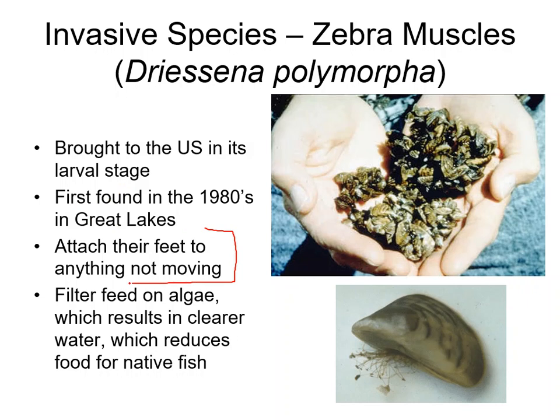And they basically park themselves on any solid, non-moving surface, and they filter feed and reduce other available food sources for fish and amphibians and crustaceans and other mollusks, and they actually attach themselves to water piping, and they can clog up water treatment facilities, and they don't have any natural predators. So this is another example of invasive species in the US.